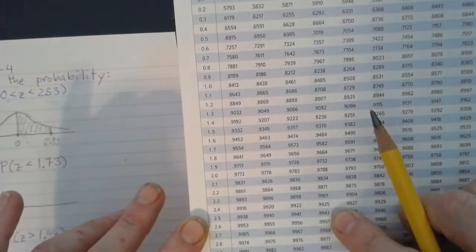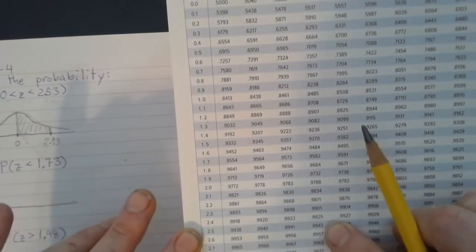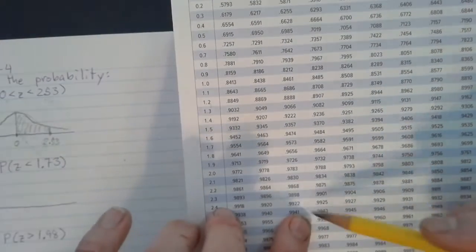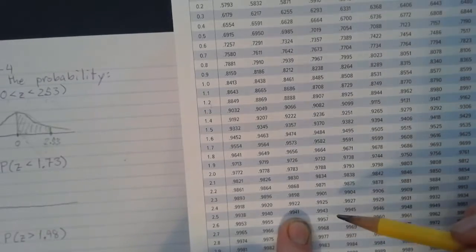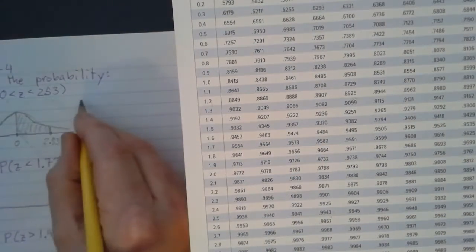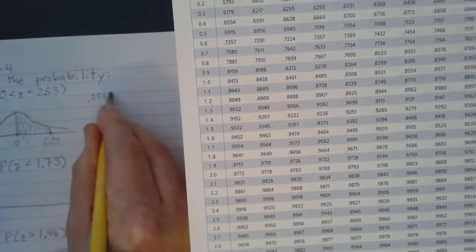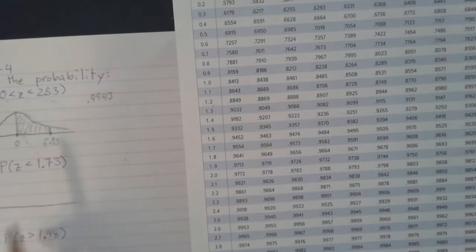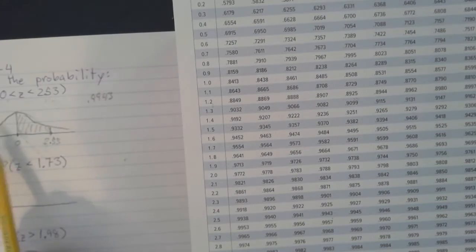Okay, I'm in that 0.03 column, staying in that column. My finger's on that value and 2.5. So we're looking up this value here. We see it is 0.9943. I'm going to write this down over here, 0.9943.